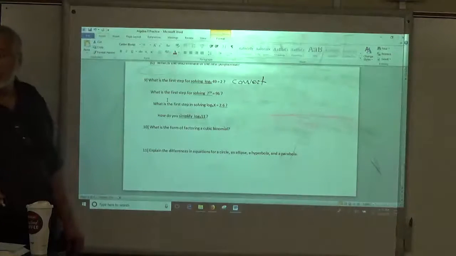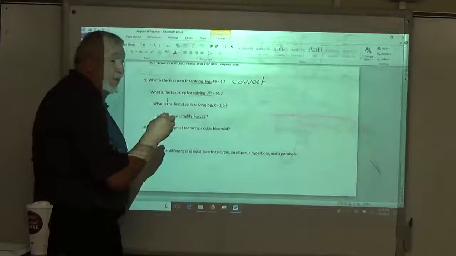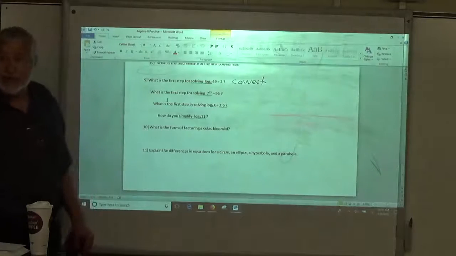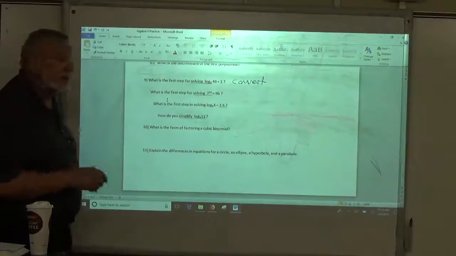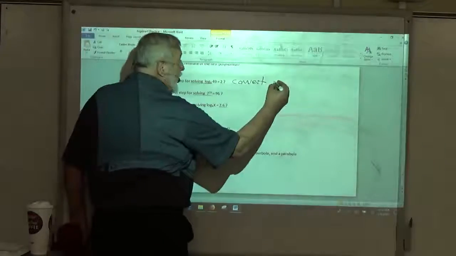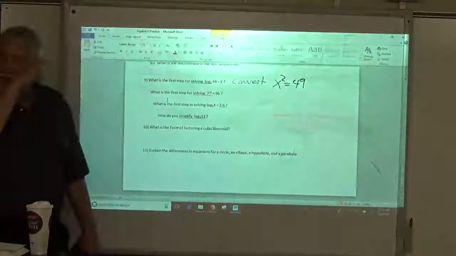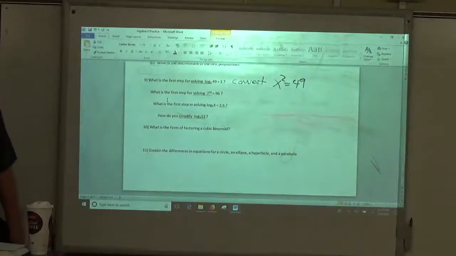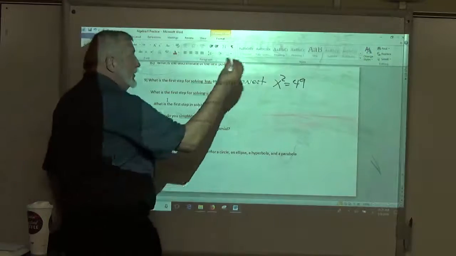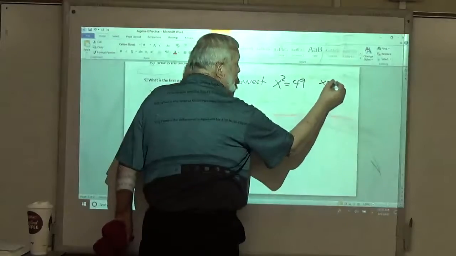Into exponential form. So what will the exponential form look like for that problem? X to the second equals 49. And Sydney, if you know that answer, you can just write it. Square root of that, so x is equal to 7.